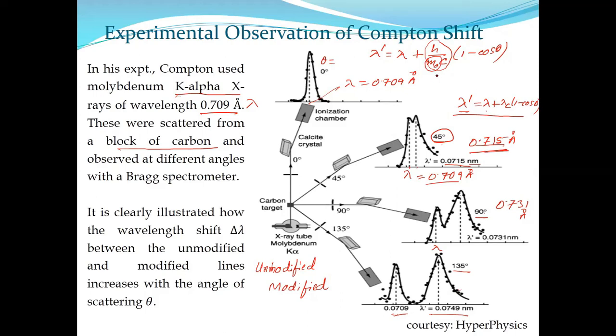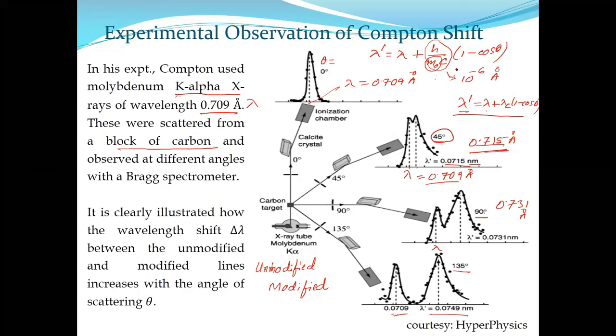It will be increased 10 to the power 4 times at least, because the mass of a proton is of the order of 10 to the minus 27, and the mass of a neutron is of the order of 10 to the minus 27. Therefore, the mass of the atom will be at least 10 to the power 4 times larger, so this quantity h by m naught c will be decreased by 10 to the minus 4 times. That means this will be of the order of 10 to the minus 6 angstrom.